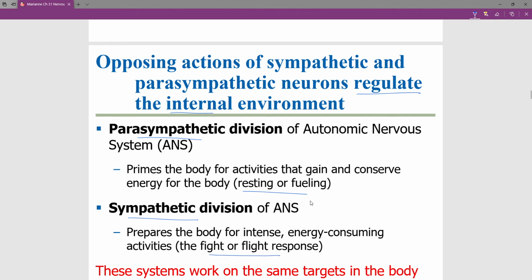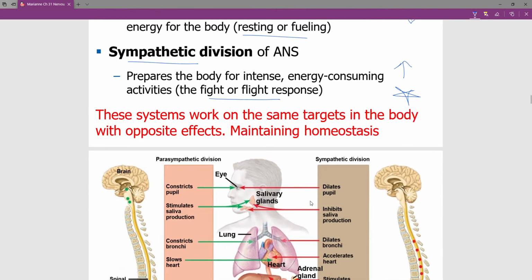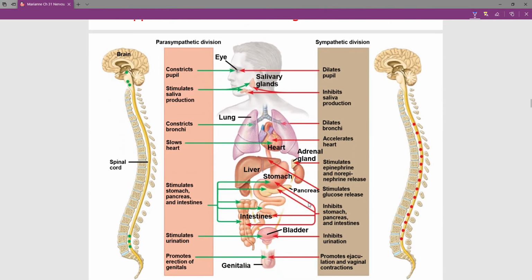Basically, these systems work on the exact same targets in the body, but on one target it's going to decrease activity, and the other is going to increase activity. So it's that tug of war, that balancing effect of the two actions that helps maintain homeostasis.